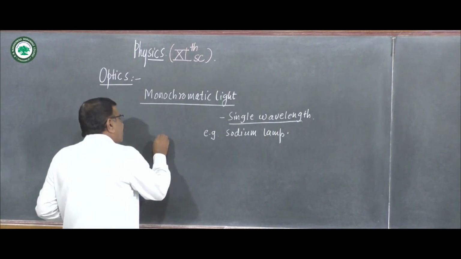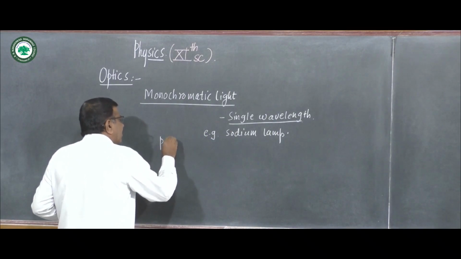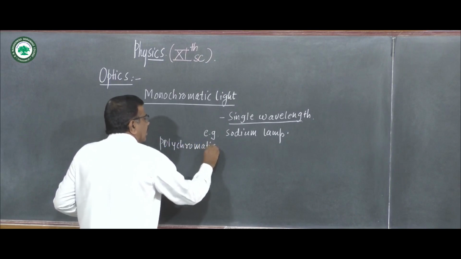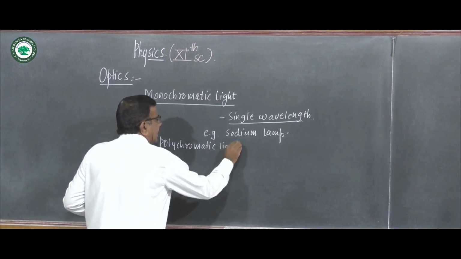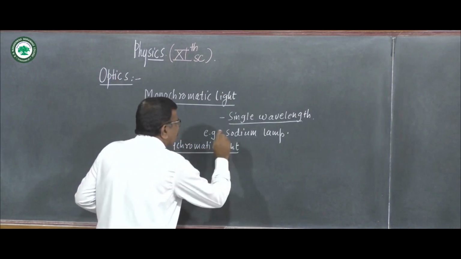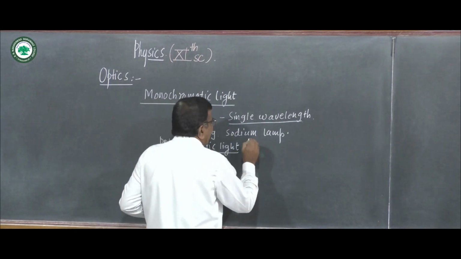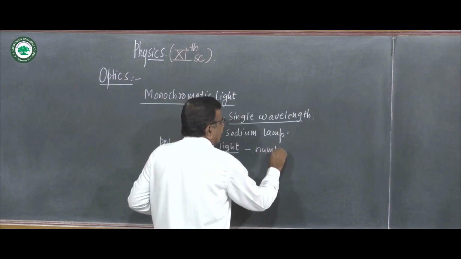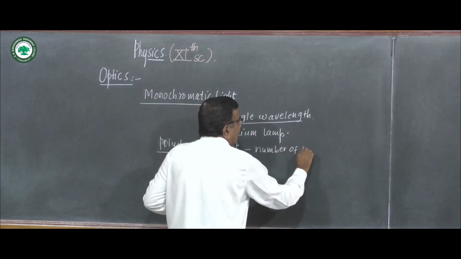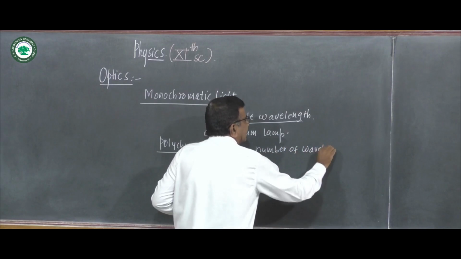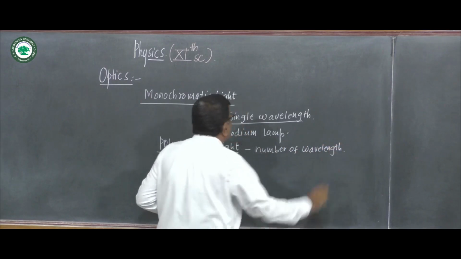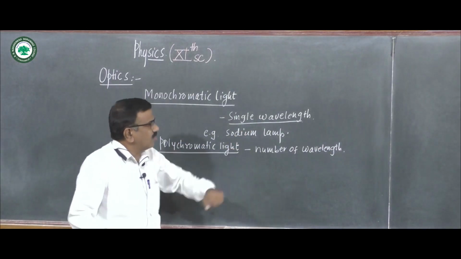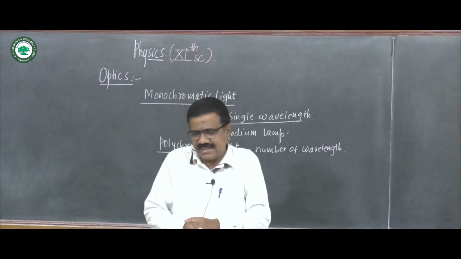Then we try to understand what is polychromatic light. Poly means many. The light which consists of different wavelengths or a number of wavelengths is polychromatic light. Single wavelength, monochromatic, sodium lamp. Polychromatic light consists of different wavelengths.